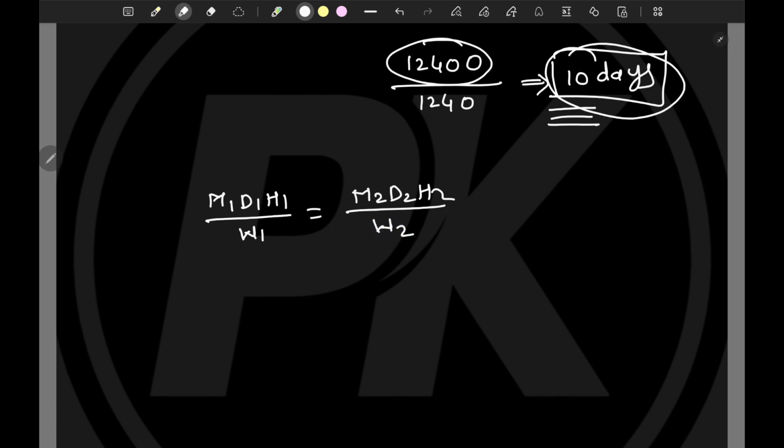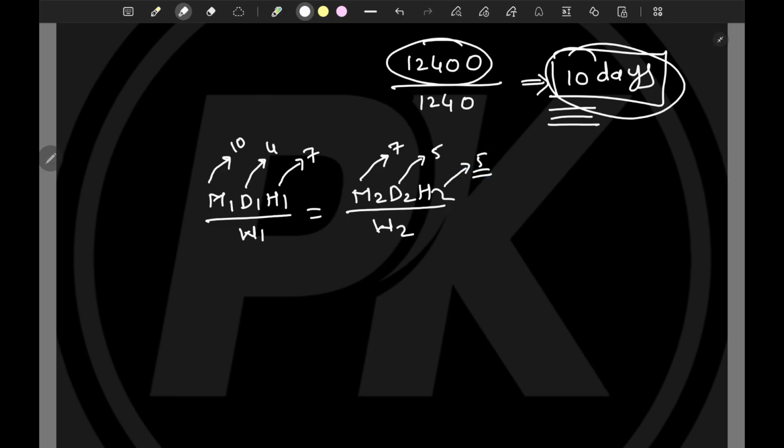Sometimes they will give, let's say, 10 men doing a work for 4 days, working 7 hours each. Again here they will say 7 men doing it for 5 days, working 5 hours each.